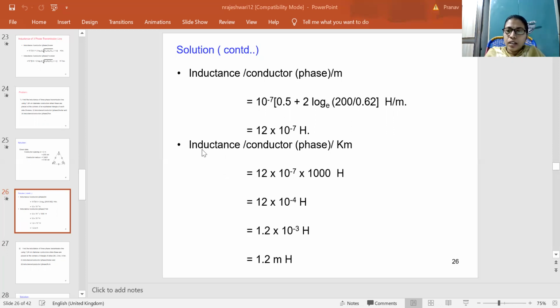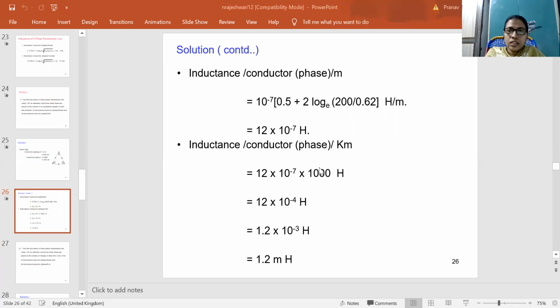And the inductance per conductor per kilometer will be given by multiplying the inductance per conductor per meter by 1000, to get it in kilometers. So the inductance per conductor per kilometer is equal to 12 × 10^-7 × 1000 Henries.